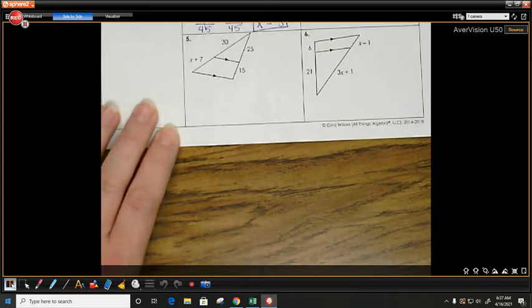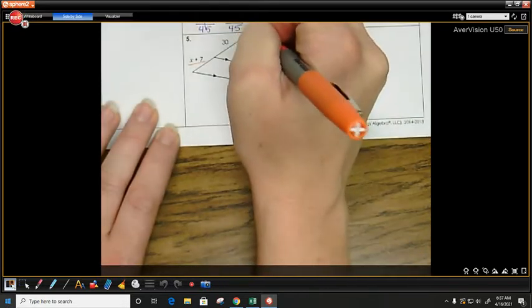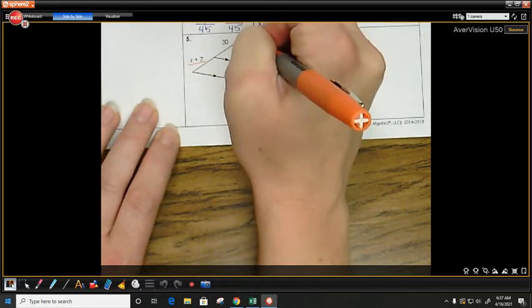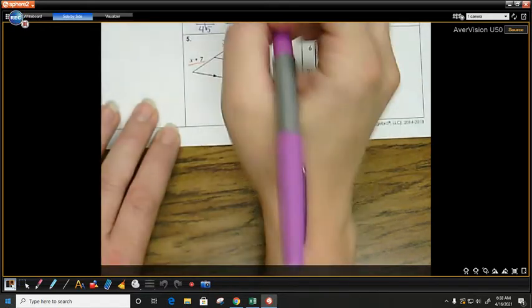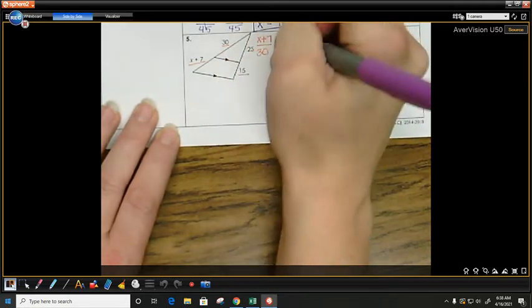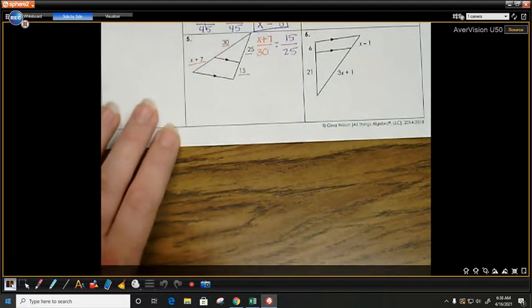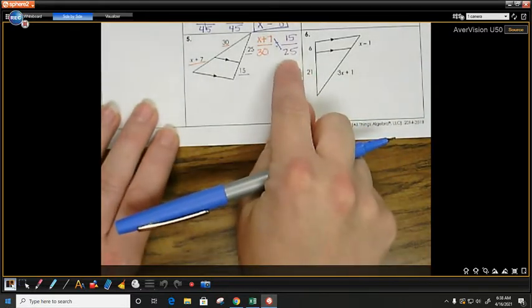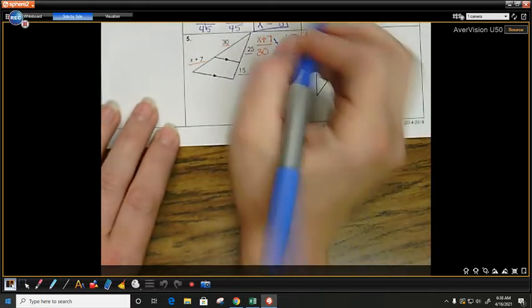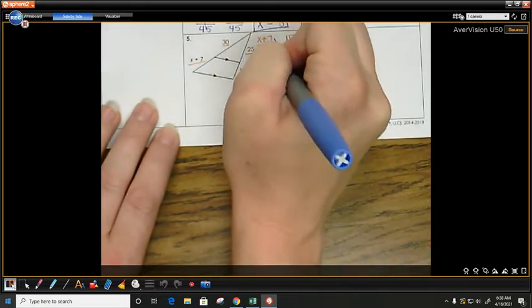So I am going to say that x plus 7 over 30 is equal to 15 over 25. Now, when I cross multiply here, I need to make sure I'm not just multiplying the 25 by the x. I need to do 25 times x plus 7.